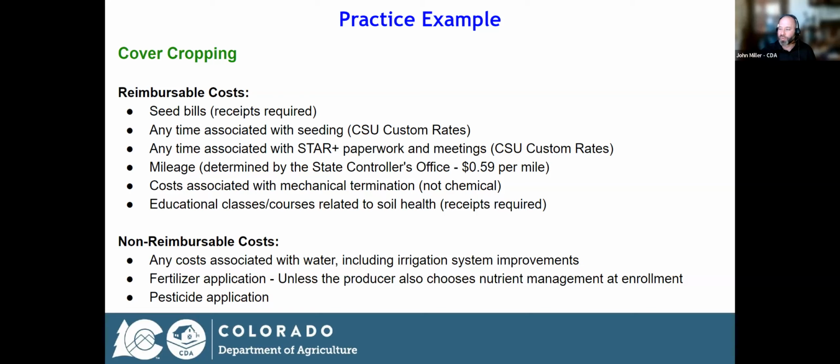However, if they did choose multiple practices and one of them is nutrient management, and the nutrient management is necessary for them to implement their new soil health practice, and they can justify that it is tied to their soil health practices, then they can submit it. And then any type of pesticide applications are non-reimbursable.